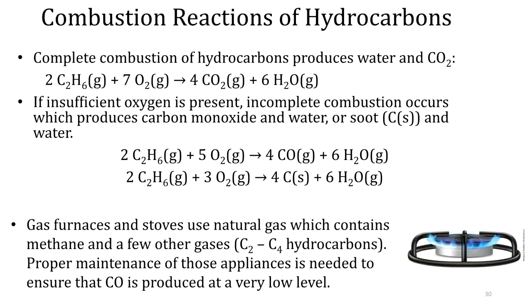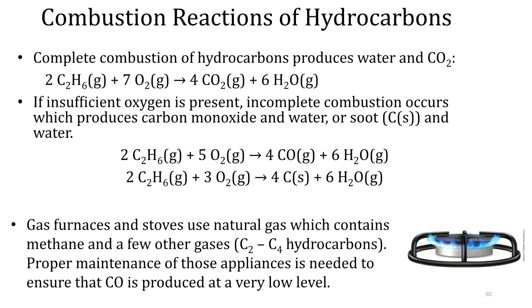So it turns out that when you design a gas stove or a gas furnace, you typically use natural gas, which is primarily methane, and then a little bit of ethane through butane as well. And it's very important to make sure that the systems are clean and plenty of oxygen is available so that you don't build up carbon monoxide.